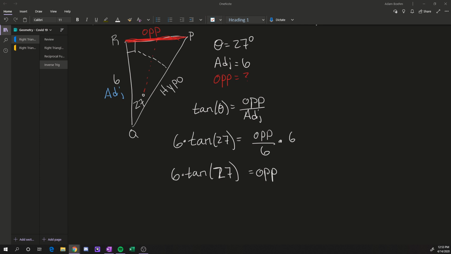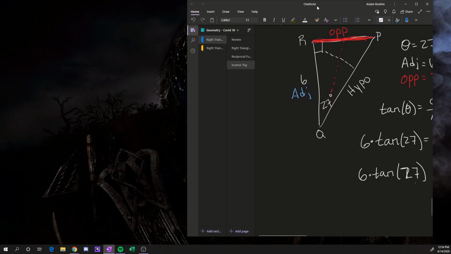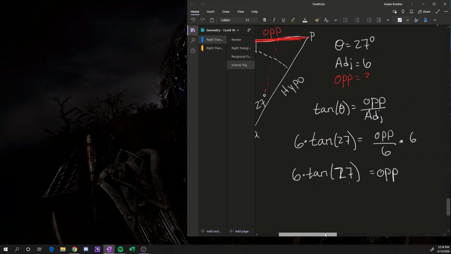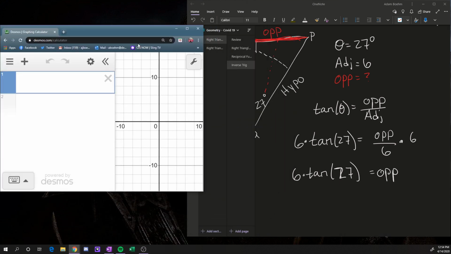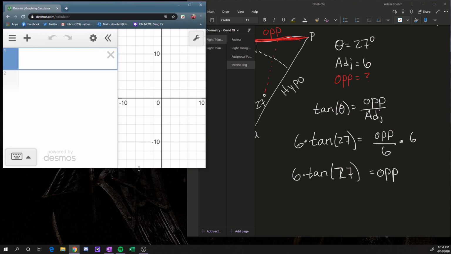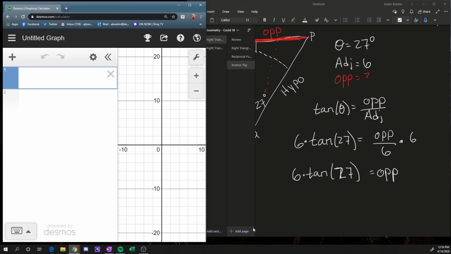So if you don't have a calculator, you can go to Desmos, and then we just type in exactly what we have written.